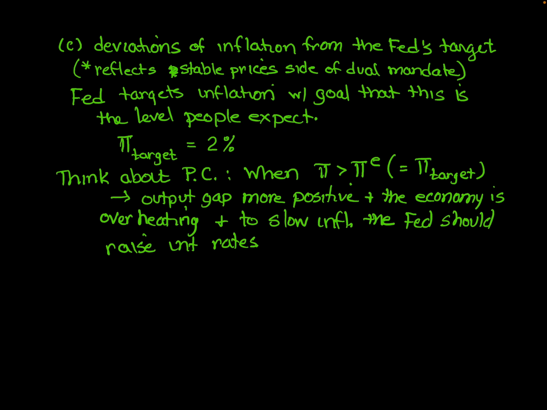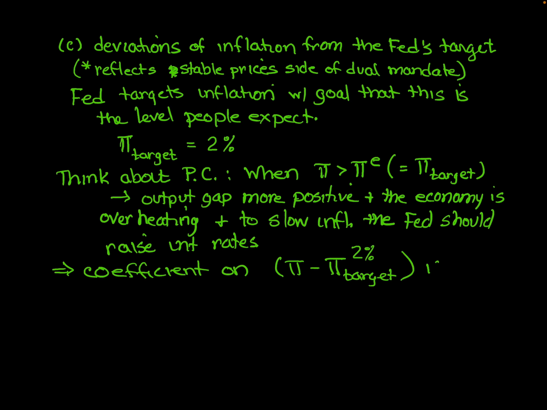Now, what does that mean? That means that the coefficient on the gap, the deviation of inflation from its target, is positive. So this is saying the coefficient on this deviation of inflation minus the target, which in this case is 2%, is positive.